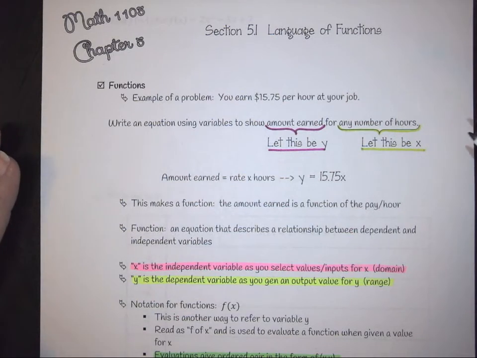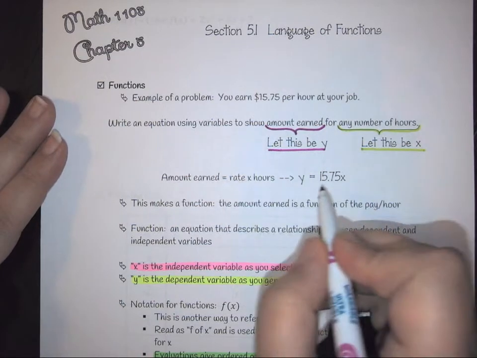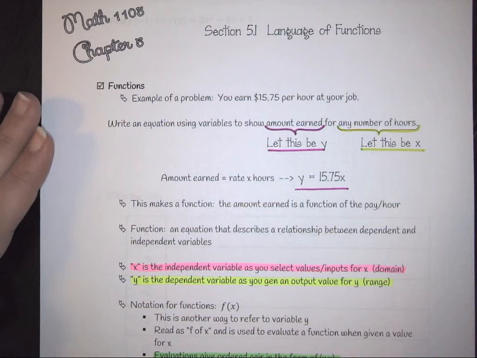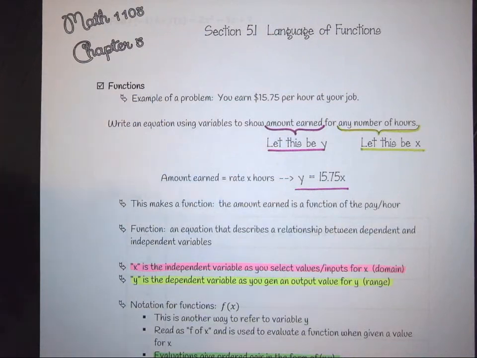Okay? What that means is we would come up with this equation here, where we have that y is equal to the amount of money I'm going to earn, which is $15.75, times the amount of hours I'm working, which at that point for this problem is unknown. Okay, so that was the equation.